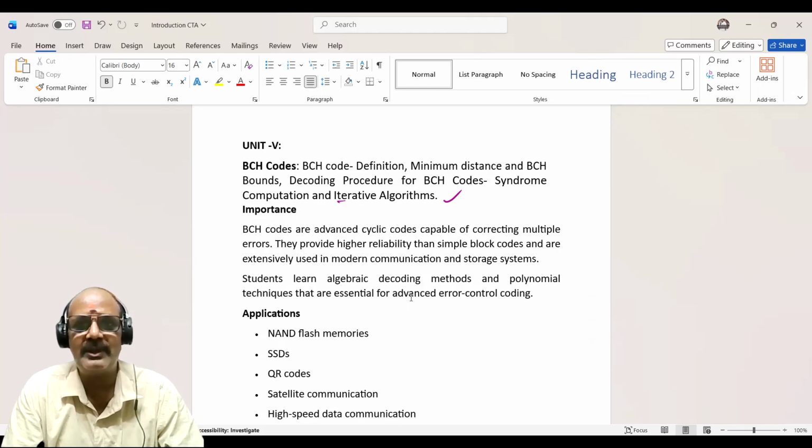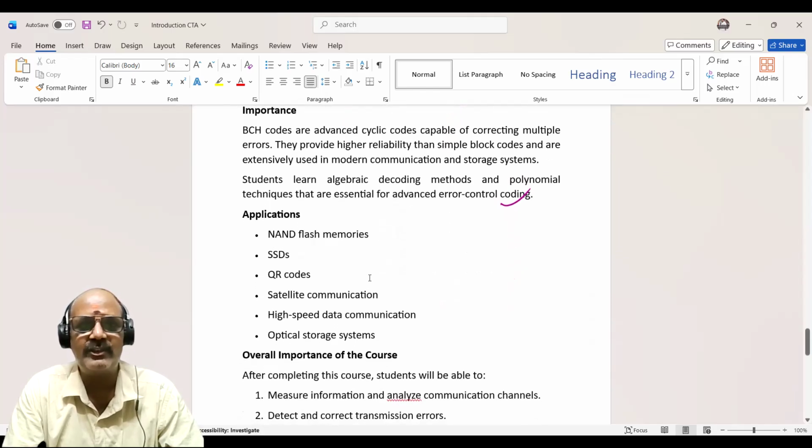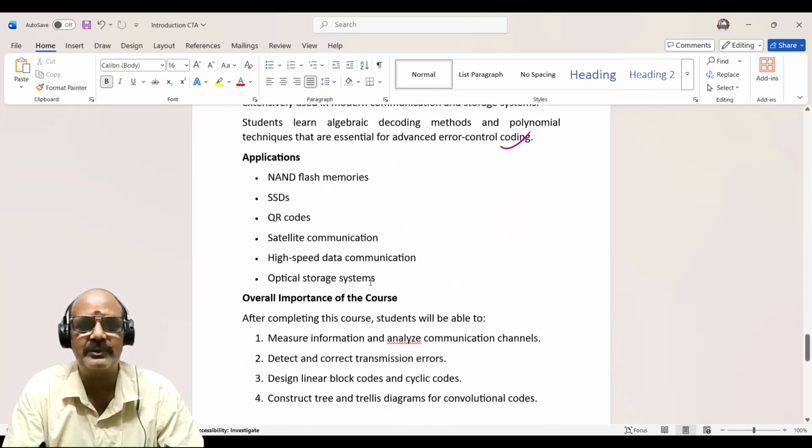They provide higher reliability than simple block codes and are extensively used in modern communication and storage systems. Students learn algebraic decoding methods and polynomial techniques that are essential for advanced error control coding. Applications: NAND flash memories, SSDs, QR codes, satellite communication, high-speed data communication, and optical storage systems.